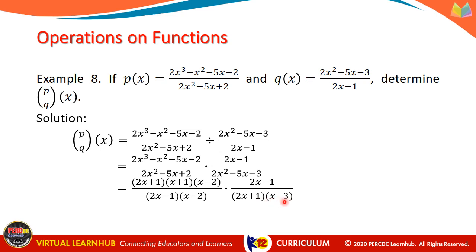Now, we can cancel the common factors. We can cancel 2x plus 1 and 2x plus 1, x minus 2 and x minus 2, and 2x minus 1 and 2x minus 1, which leaves us with our final answer, x plus 1 over x minus 3. P divided by q of x is equal to x plus 1 over x minus 3.